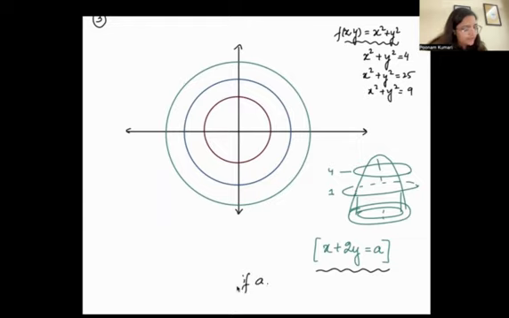If A is positive, then what is the value of X when Y is 0? A. So A could be anything. I don't know where A is. So I can put A here, let's say, for example, A is here. I don't know where it is. And what will be the value of Y here? When X is 0, Y will be A by 2.